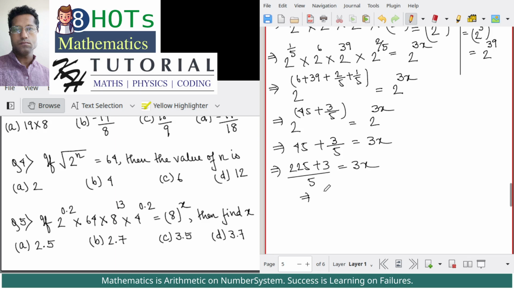So this implies 228 divided by 5 is equal to 3x, and this implies x is equal to 228 by 5 multiplied by 3. So 3 divides 228 by 76. So 76 by 5 is 76 by 5.